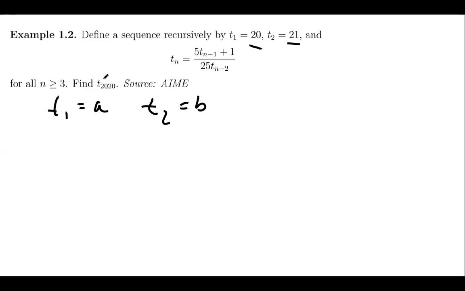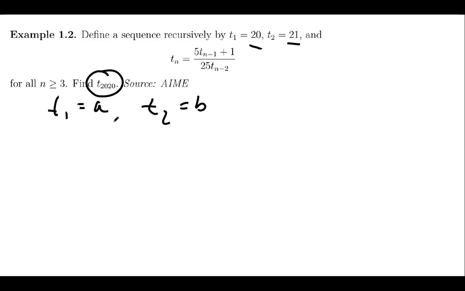It wants us to find t2020, the 2020th term. This value probably isn't very big, otherwise it would be very difficult to compute. So it's pretty likely that we're dealing with a periodic recurrence here. With that in mind, we can try to plug in a few values and find a pattern.